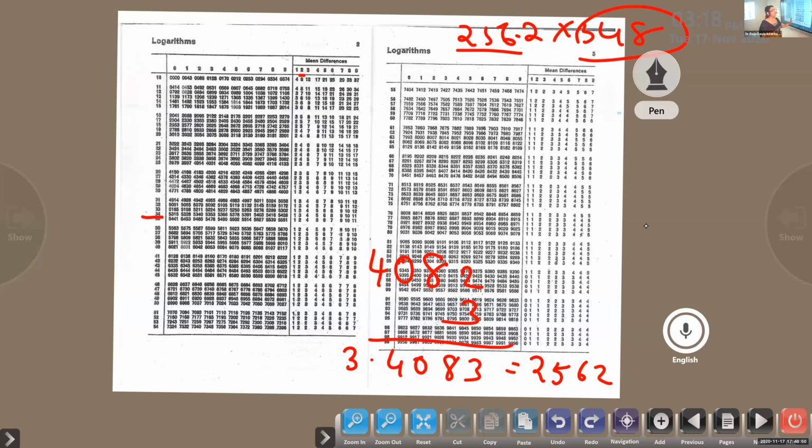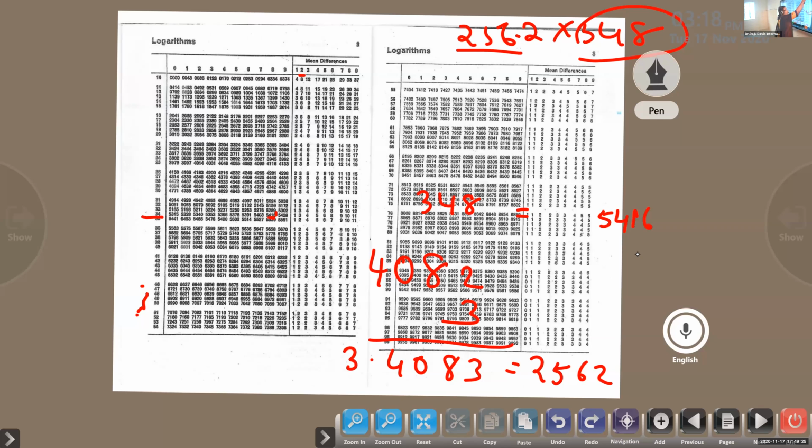We don't have to find the mean difference. We can stop because it has only three digits. Three digits, 3 minus 1, so it is going to be 2.5416. So we have found an equivalent number related to that.